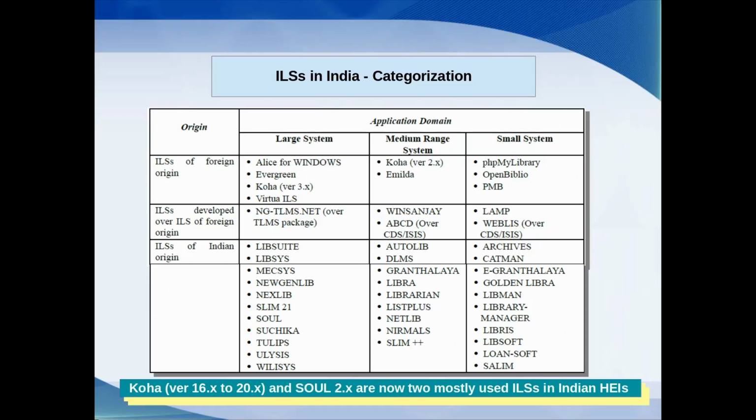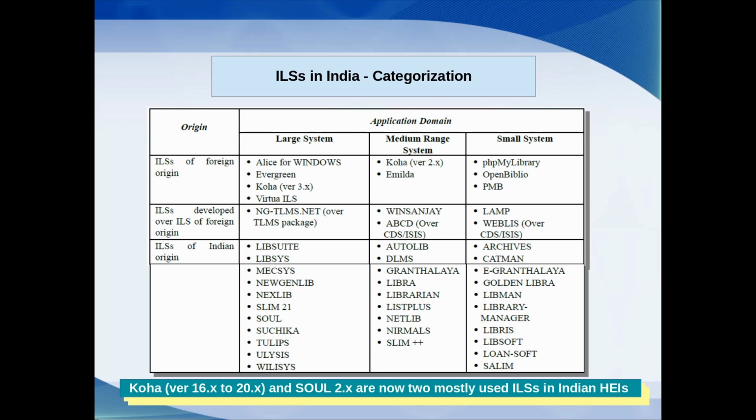From this slide you can have an idea about the Indian situation related to use of ILSs. There are three categories of ILSs presently in use: ILSs of foreign origin, both commercial products like Alice for Windows, Virtual ILS, and open source products like Evergreen and Koha. Then the second category is the ILSs developed on top of ILSs of foreign origin, and the third category is ILS of pure Indian origin.